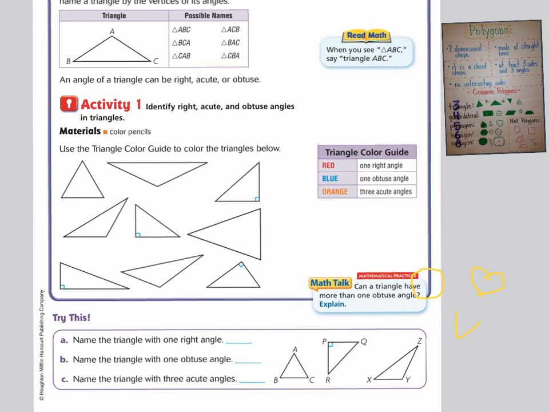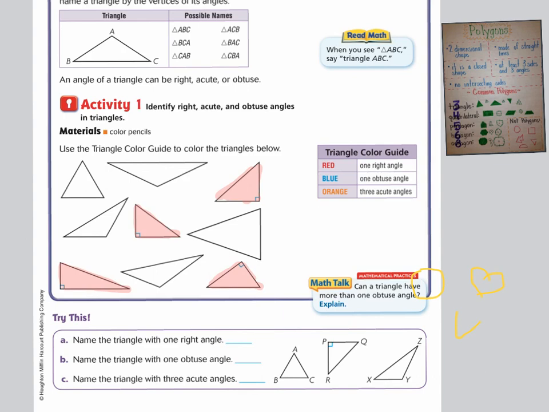And I see one here, this guy right here. So I'm going to shade you in because you have your right corner, your right angle there. I see this one as well. And this one. And then lastly, this one.